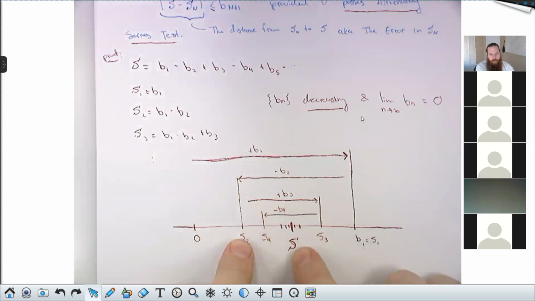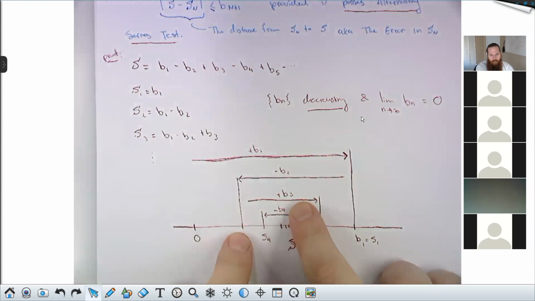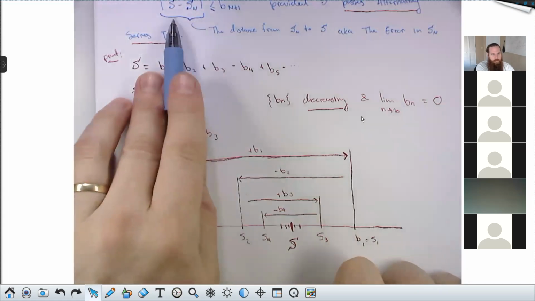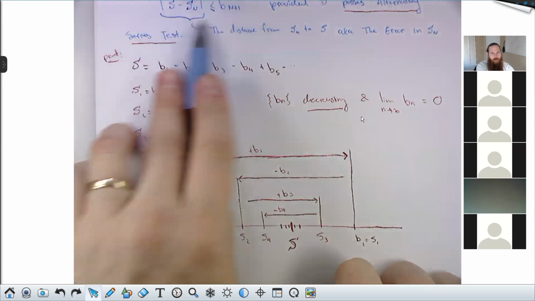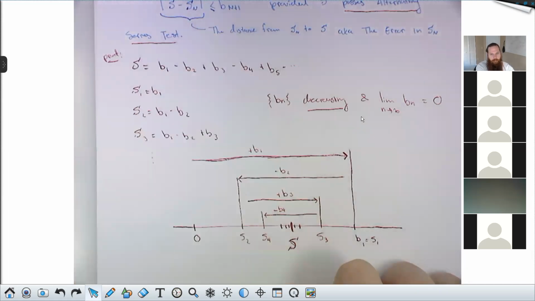Because S is in the middle between S2 and S3, the distance from S2 to S is less than the distance from S2 to S3. But the distance from S2 to S3 is B3. So the distance from S2 to S is less than B3. That's exactly this inequality with n equals 2 plugged in.